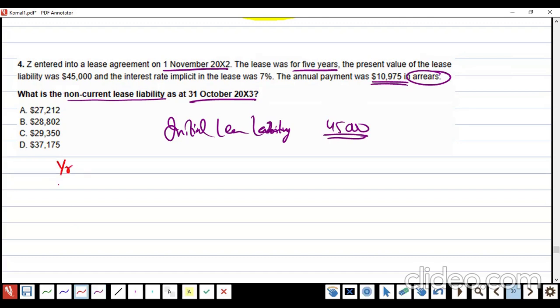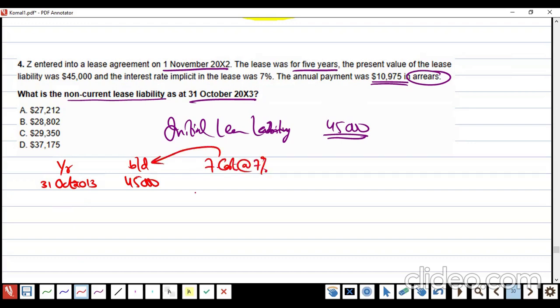We used to make a table. 31st of October 2013. The opening balance is the initial liability. Finance cost is the interest rate implicit.